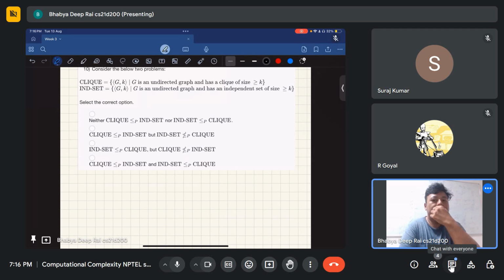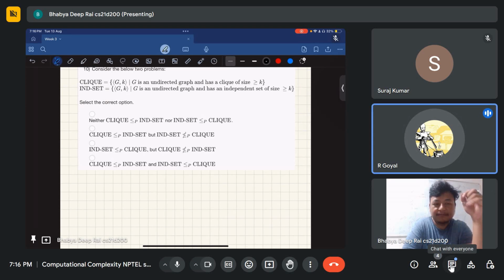Clique and independent set. So clique can be reduced to independent set, and independent set can also be reduced to clique. What is the reduction?